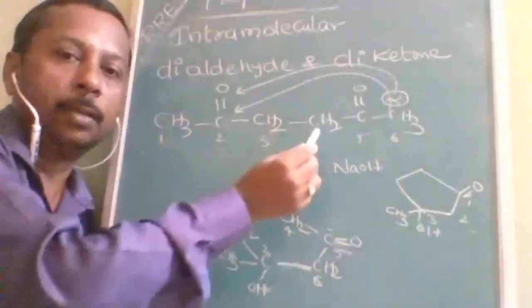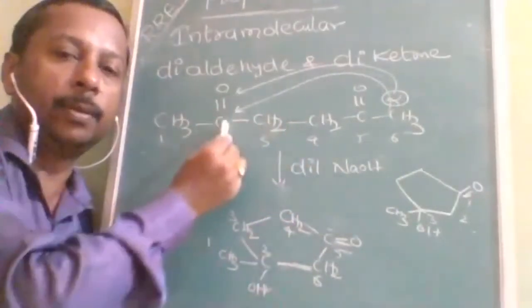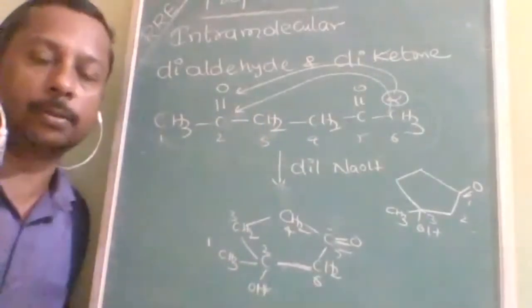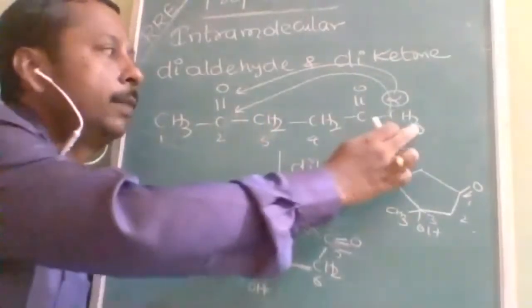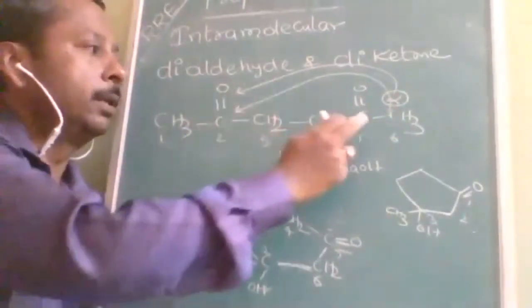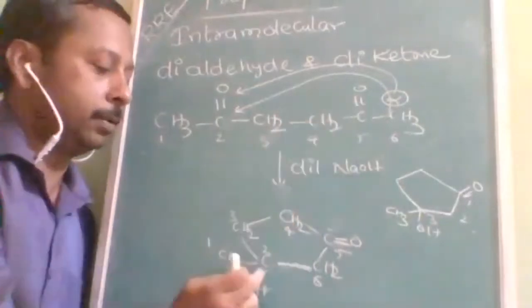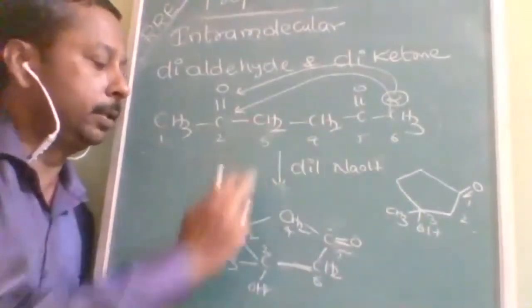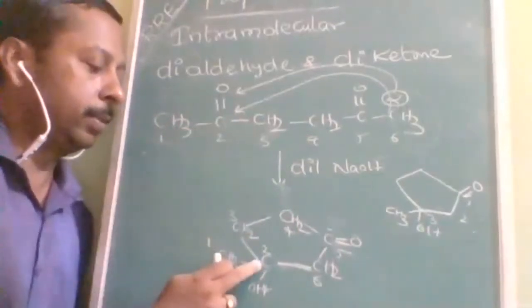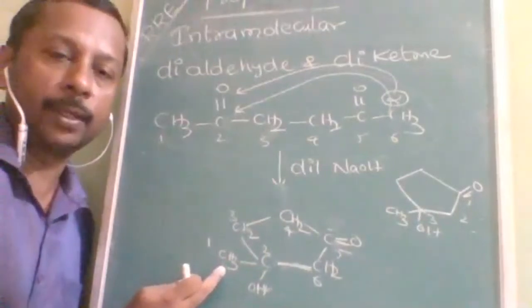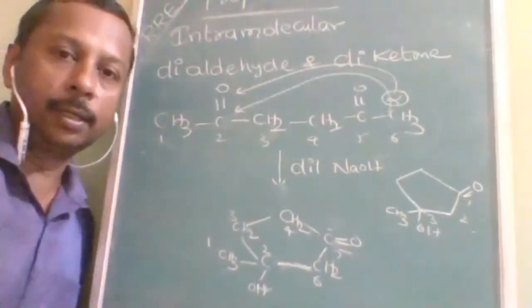Because it is going to give you a three-membered ring, which is very difficult for stability. So this alpha hydrogen is transferred here, this gave OH, this carbon attached, and this ketone is as it is. This is CH2, this is ketone, and this methyl is not included in the ring.